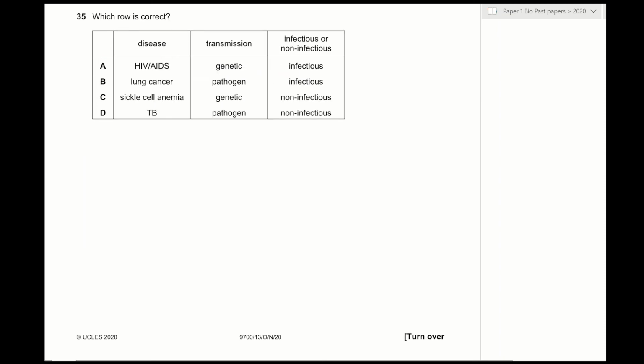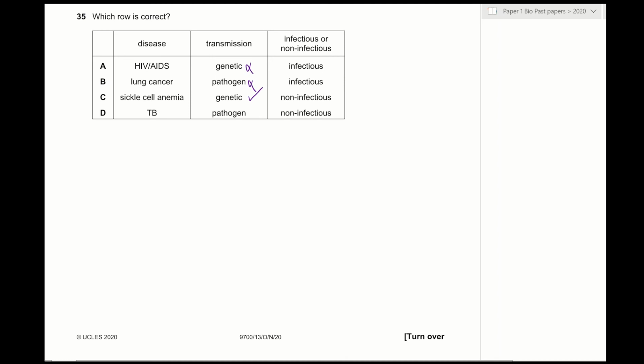Disease transmission, infectious or non-infectious. Let's start with HIV/AIDS. Here it's assuming that the transmission is genetic. This is incorrect. It's transmitted by a virus, human immunodeficiency virus. B. Lung cancer. It is not a pathogen. C. Sickle cell anemia. It is genetic.